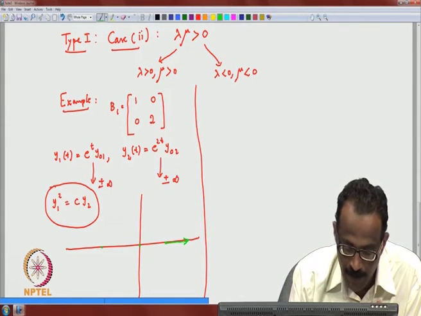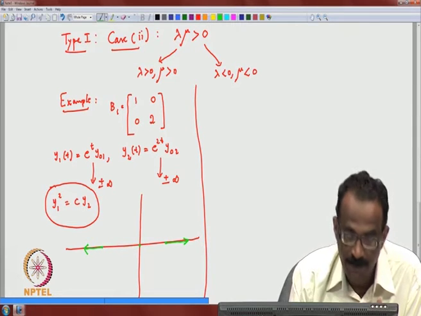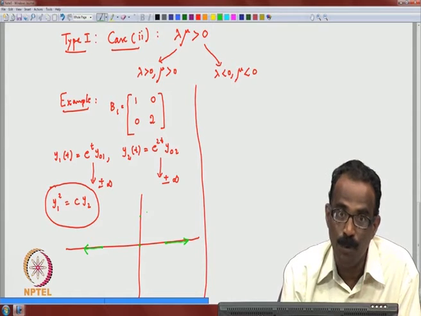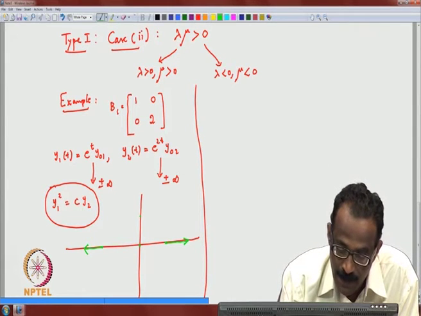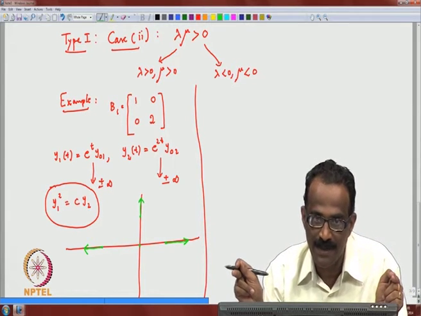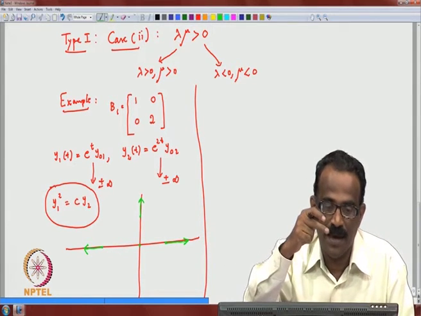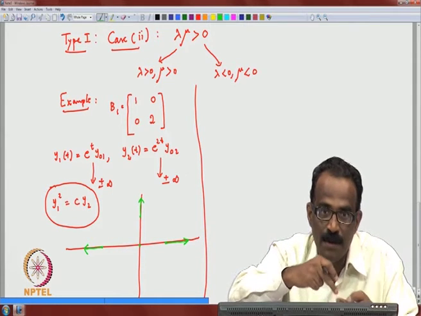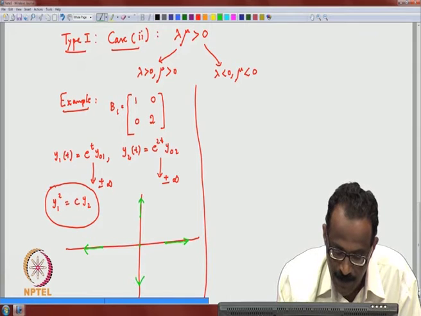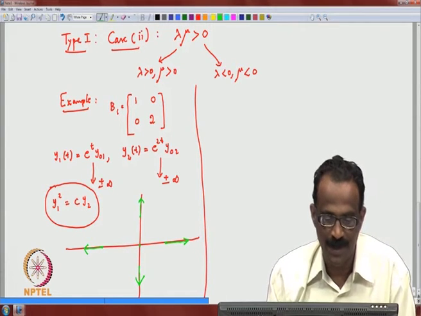If you start from here, it will move away from here. It is the same situation here, but both eigenvalues are positive, so it will move in this direction. In the saddle point equilibrium, if one axis moves away, the other axis moves towards it, but in this case both move away. So, it will be something like that.